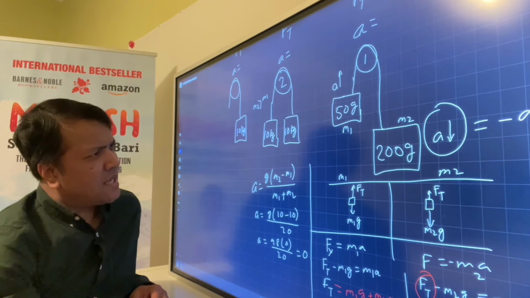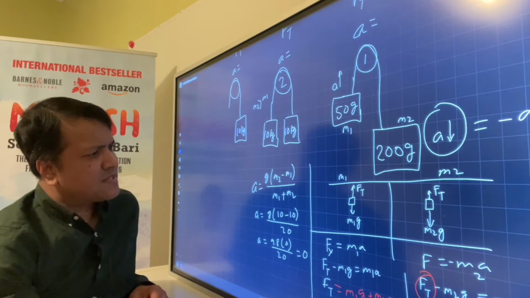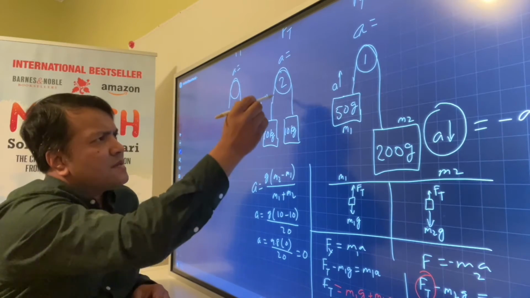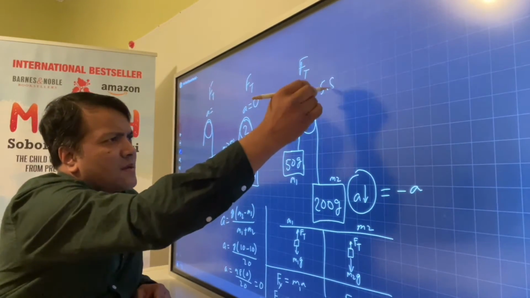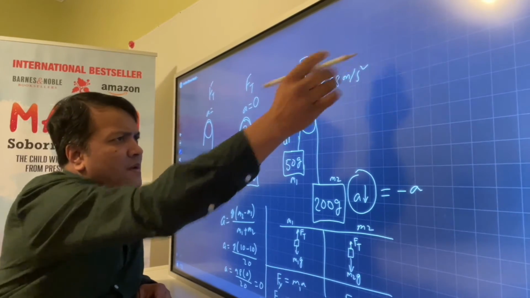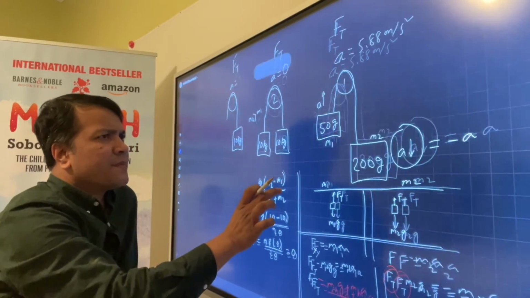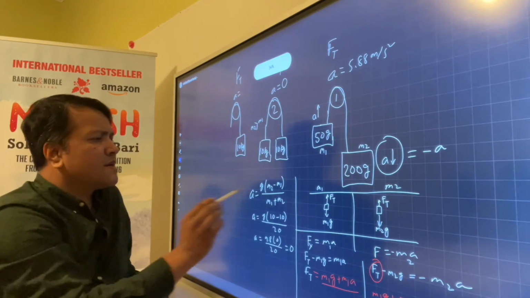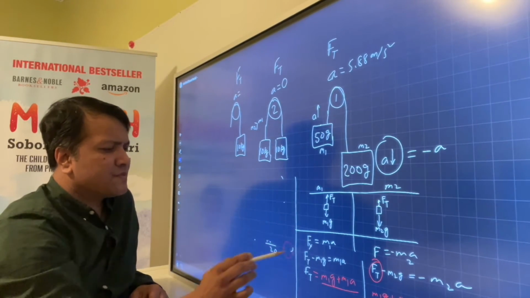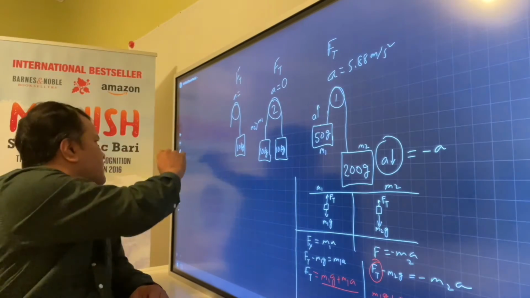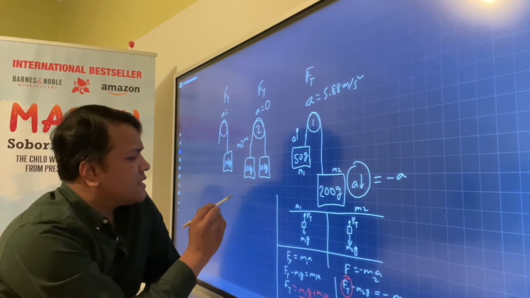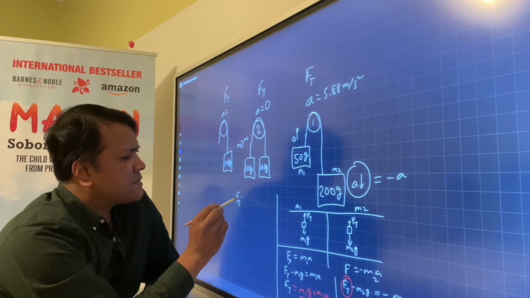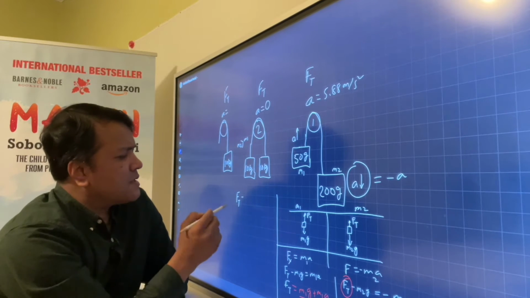Now you probably think, how much tension do you have? This acceleration is 0. This acceleration is 5.88 meter per second square. Now you probably think, how much is the tension force? So let's find the tension force. So tension force is Ft. So Ft minus m1g, you can use any two, it doesn't matter.